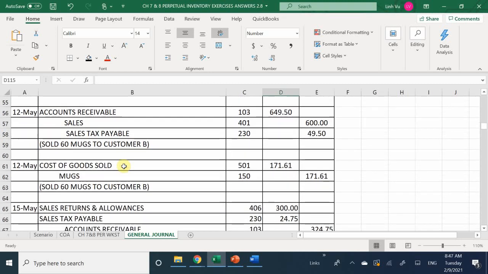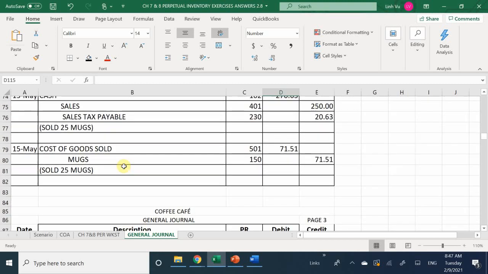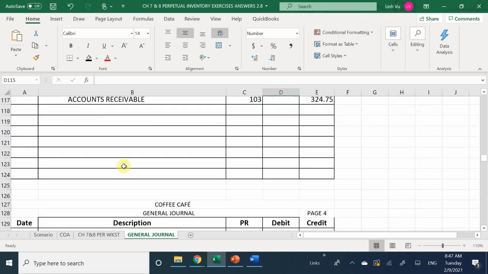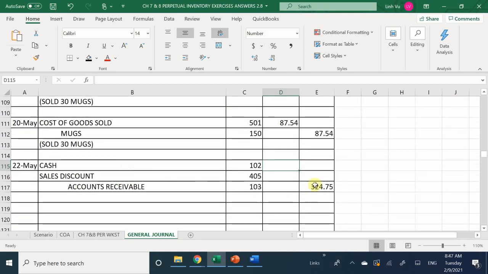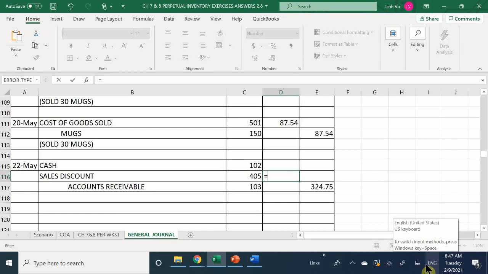He returned 30 of them. So how much are we actually discounting him on? On the 30, okay? And we're discounting 10% off of the original price. So what is going to be my total discount here? Is it 5 or 10%? It should be 10%. Oh, sorry. 32.48. Okay. 32.47, 48.